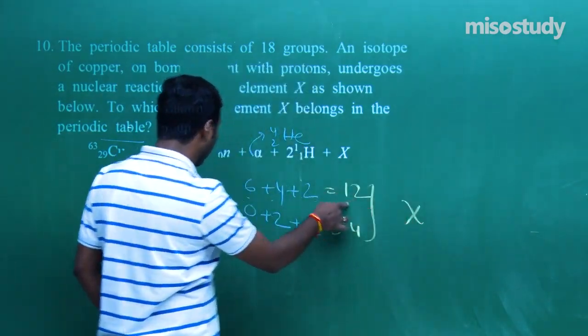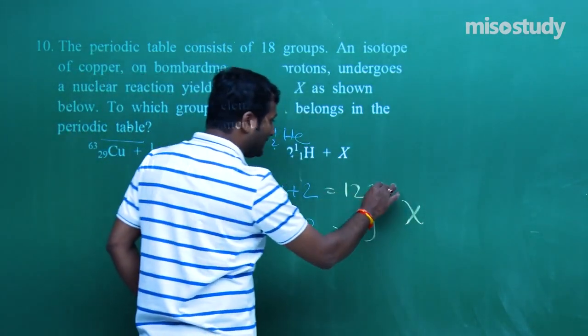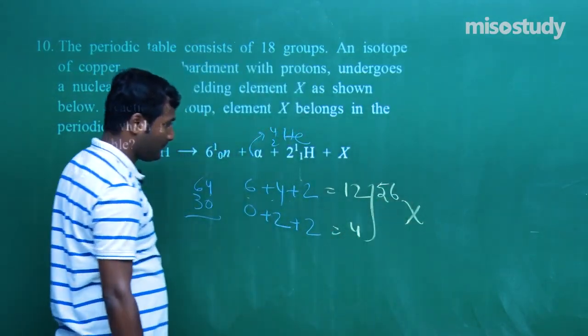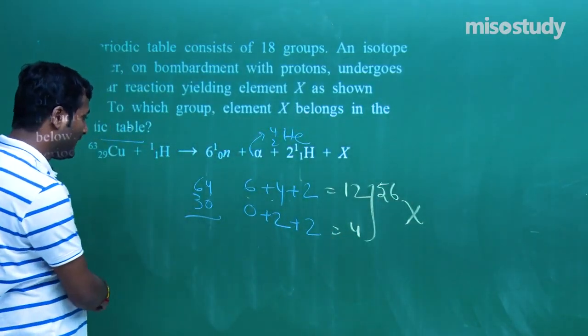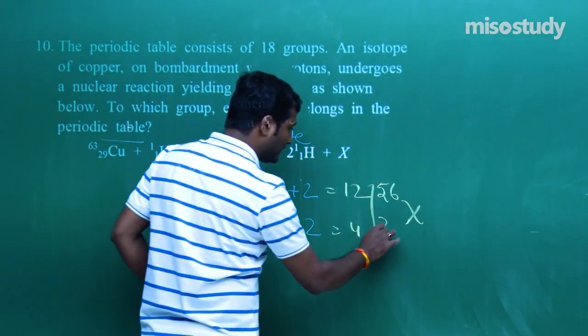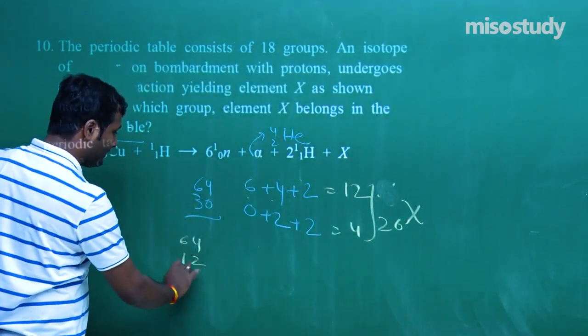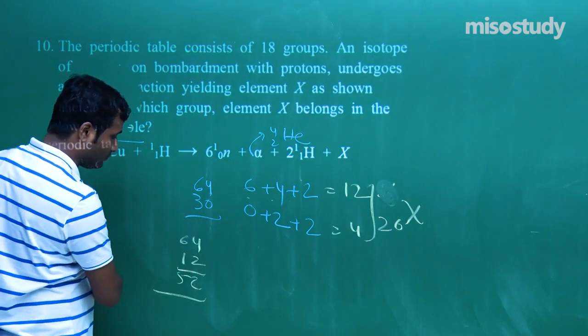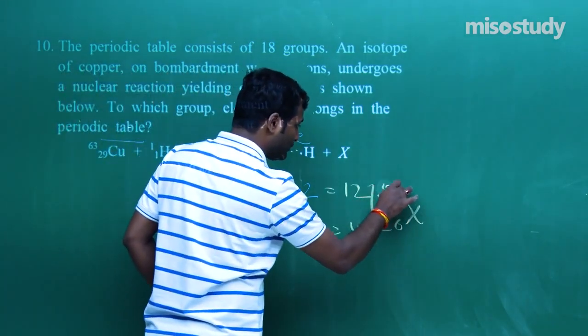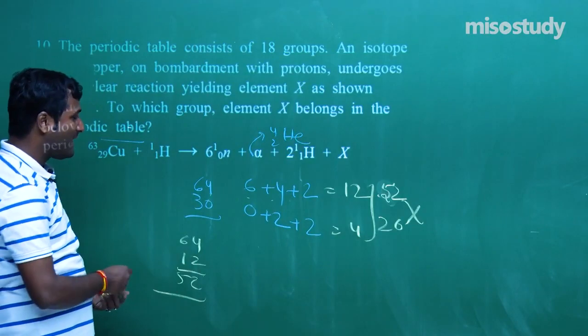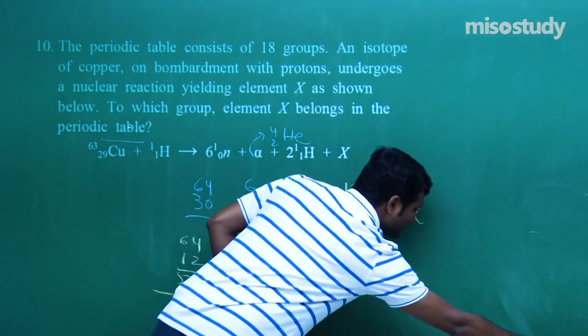So X will have 64 minus 12, that is my friend 52, and 30 minus 4, 30 minus 4 is 26. Am I right? That is 52. Clear? Now we can easily say, yes sir.